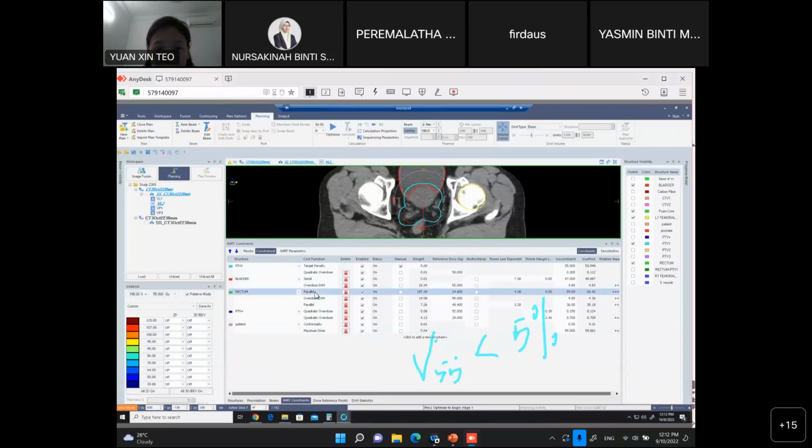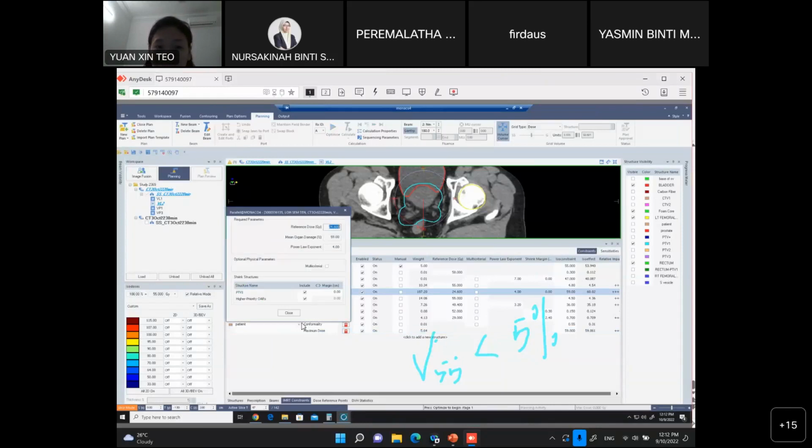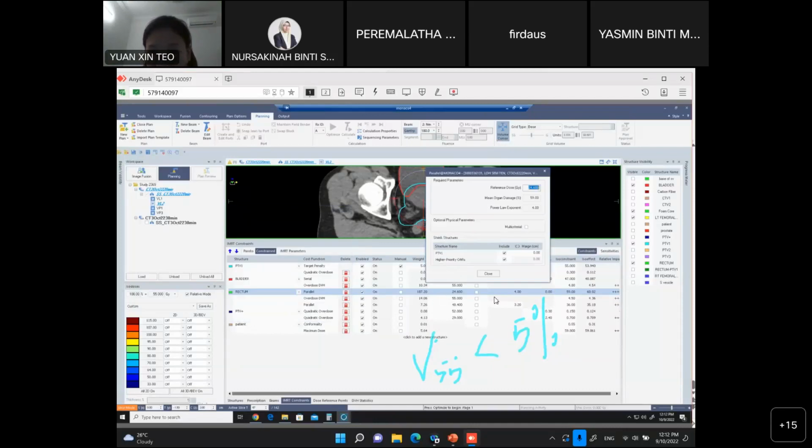Parallel function. So that's why I said any cost function you can put in, as long as you understand how these functions play. You can set either serial or parallel, anything. So for this patient, she will set mean organ damage 59%, not more than 24.6 gray.